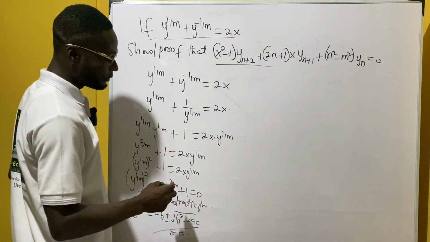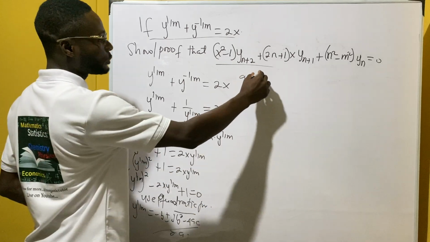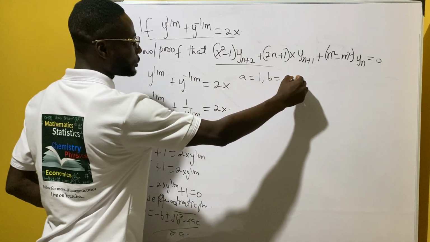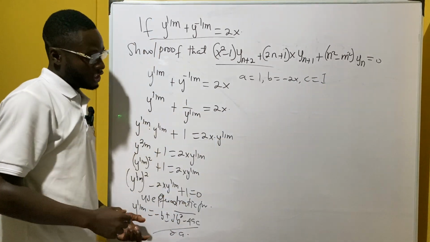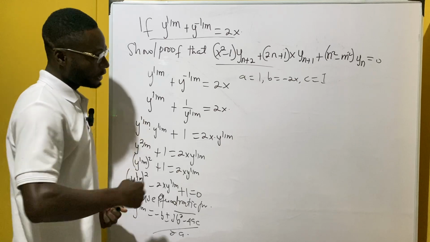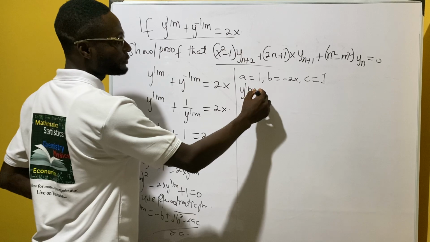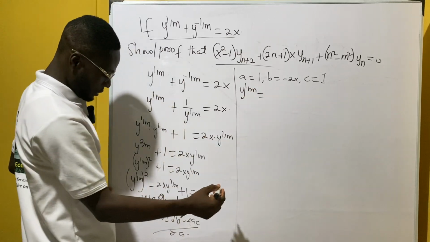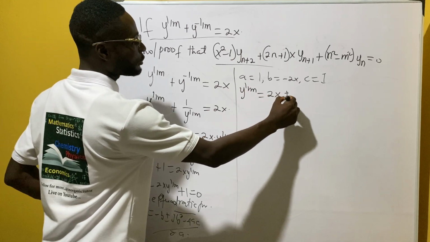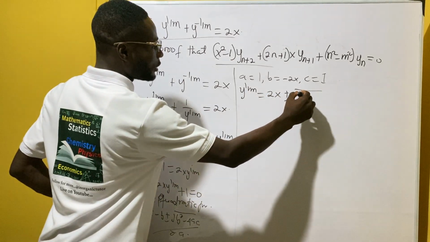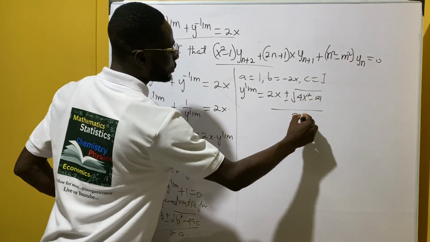Here we can see that our a is 1, our b is minus 2x, and our c is positive 1. So in doing this, y^(1/m) should be equal to 2x plus or minus the square root of 4x² minus 4, all over 2.